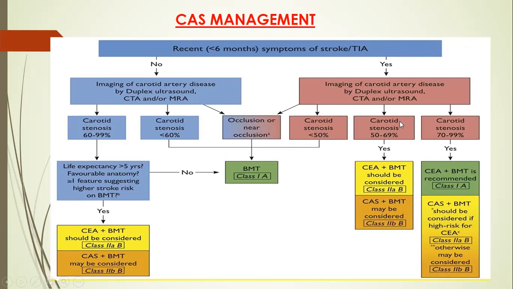In that also only best medical therapy is advised. One more scenario: if the stenosis is 50 to 69% and the patient has signs and symptoms of stroke, yes, you have to do carotid endarterectomy, but the level of evidence is class 2A recommendation. If a patient has more than 70% up to 99%, this is a class 1 recommendation.